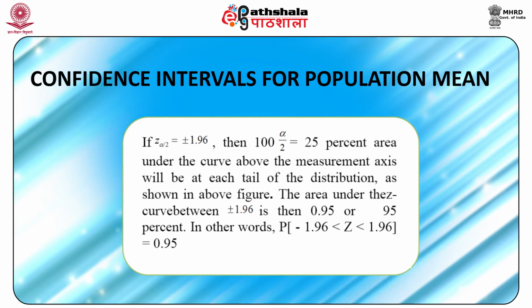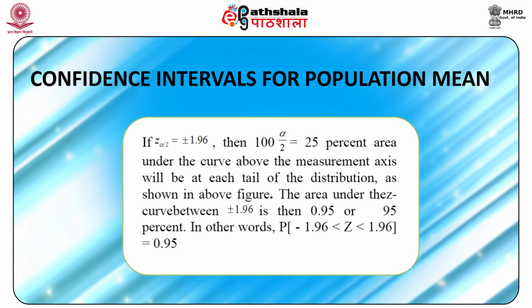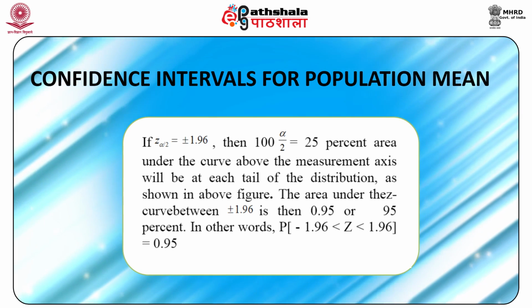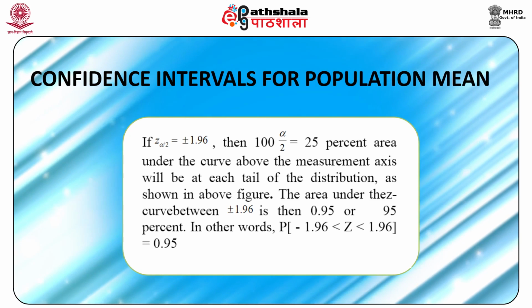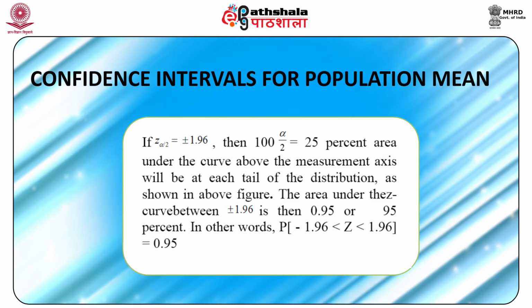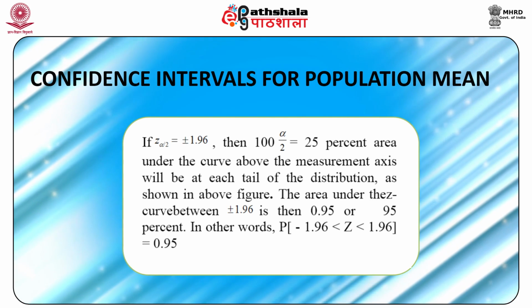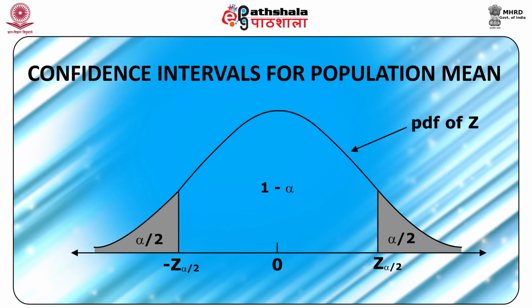The area under the z curve between plus minus 1.96 is then 0.95 or 95%. In other words, we can write that the probability that z lies between minus 1.96 and plus 1.96 is equal to 0.95. This one can see from this figure.